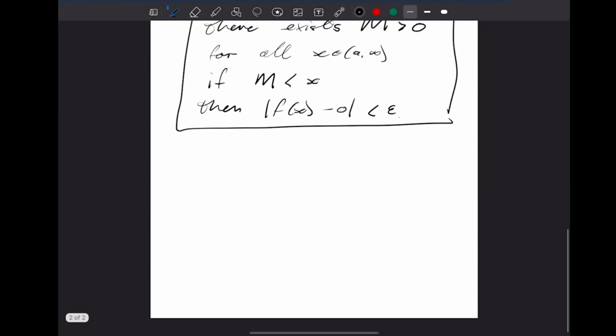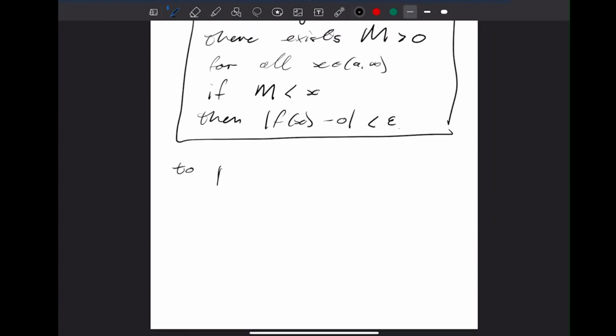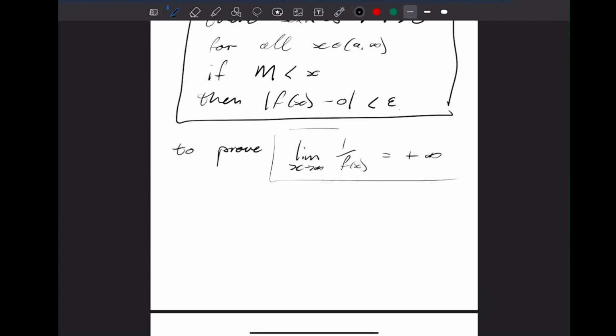Okay, and now let us write out what we have to prove. Well, we want to prove that the limit as x tends to infinity of 1 over f of x is equal to plus infinity. Let's write out what that means.